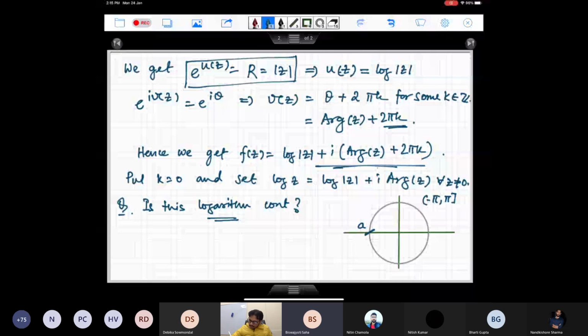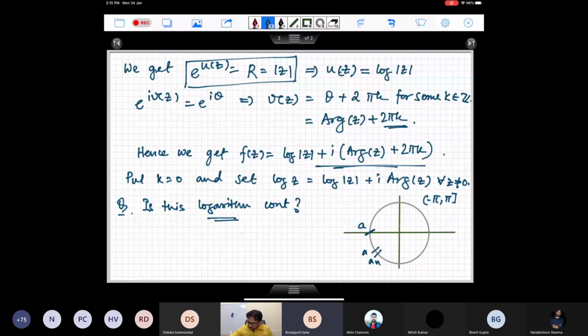Now if I take a sequence of points an below a, approaching a, let's say this is a1, this is a2, this is a3, and so on. We are approaching the point a from below. What do we see?